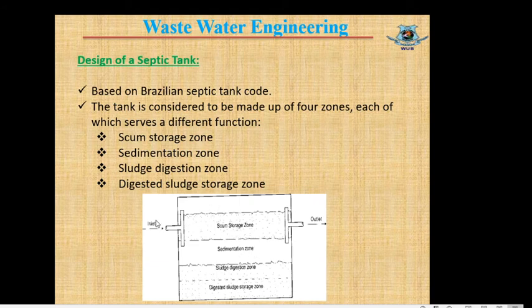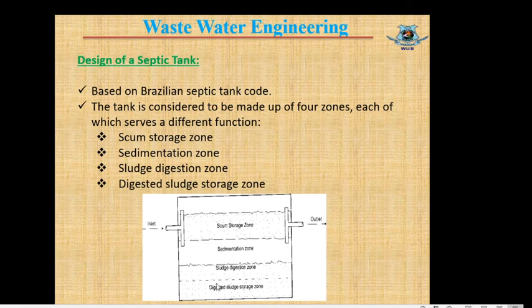As in the sedimentation tank, with this inlet, excreta enters into the tank. First, suspended particles settle in the bottom of the tank. And then the lightweight particles float in the upper part of the tank. These settleable solids will be digested and stored at the bottom of the tank.